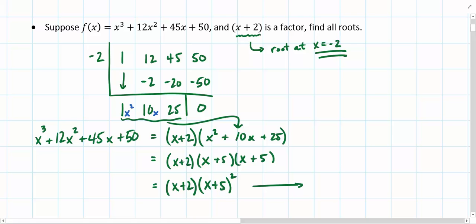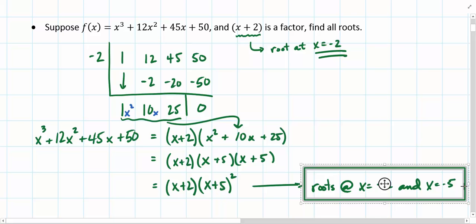And this leads us to recognize that there are roots at x equals -2, just like we knew from before. But we also have two roots because of this power here, but two roots at x equals -5. And we're done with this problem. We started with a polynomial, and we found all roots of the polynomial.